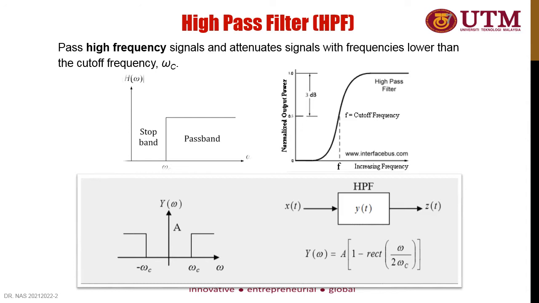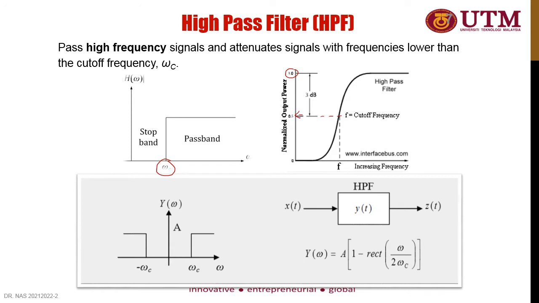And the border between the lower frequency and the higher frequency component is defined by the cutoff frequency, omega c. Omega c is basically where the power is reduced by half. Okay, so for example, the maximum power is 1 watt. So the cutoff frequency is basically when the power is 50% of the maximum power.